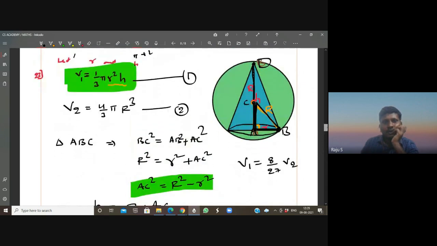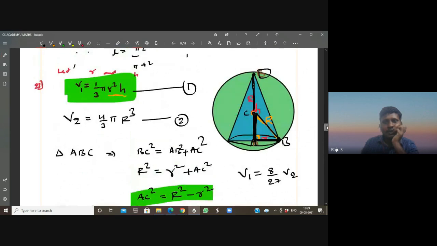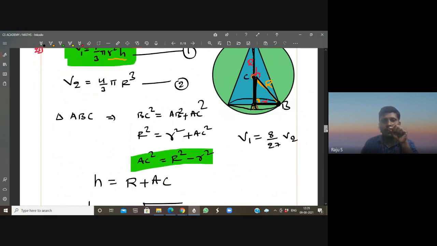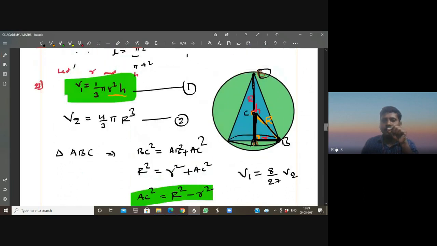So what I have done, I have taken the graph of that sphere and cone. So I have written V1 and V2, volume of the cone and volume of the sphere. The radius of the sphere they have given as capital R, and the radius of the cone I'm taking, let us consider small r is the radius, height is h.